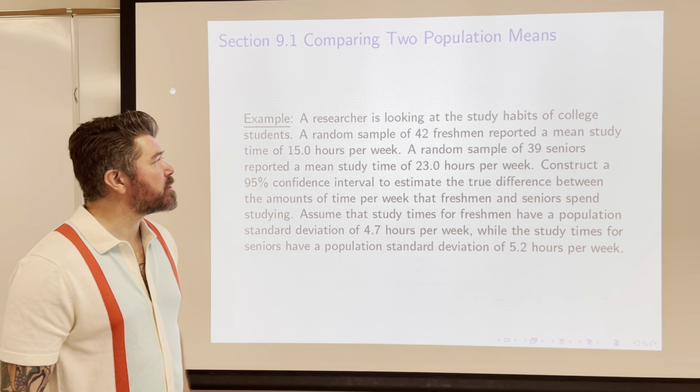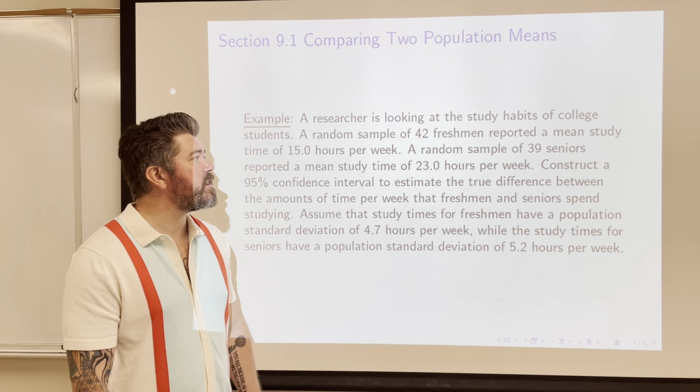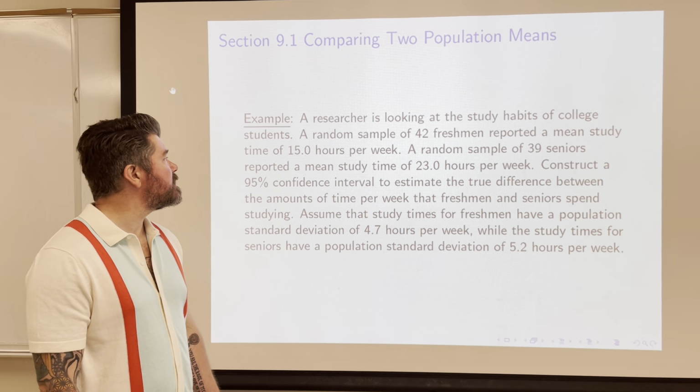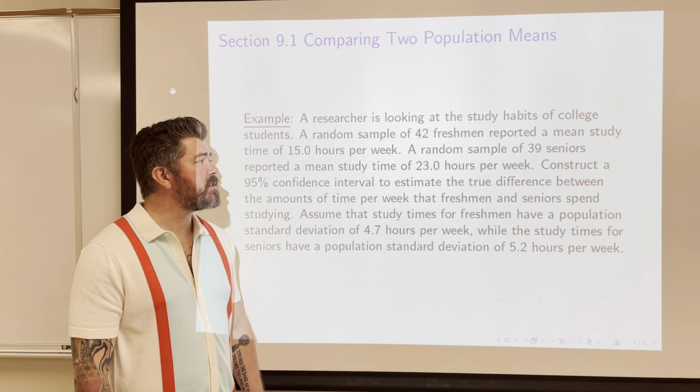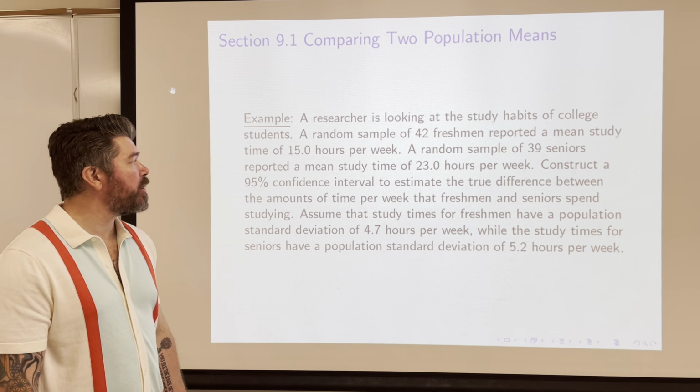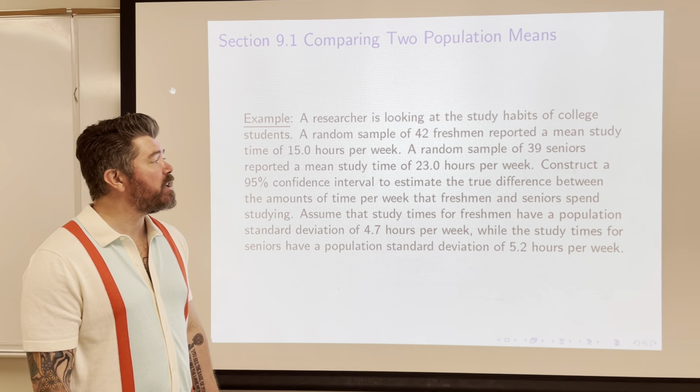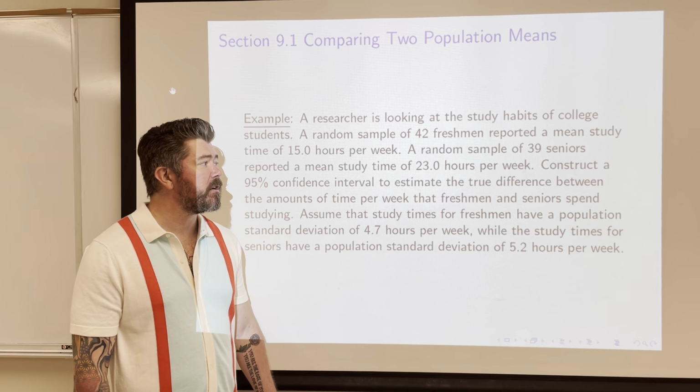A researcher is looking at the study habits of college students. A random sample of 42 freshmen reported a mean study time of 15.0 hours per week. A random sample of 39 seniors reported a mean study time of 23.0 hours per week.